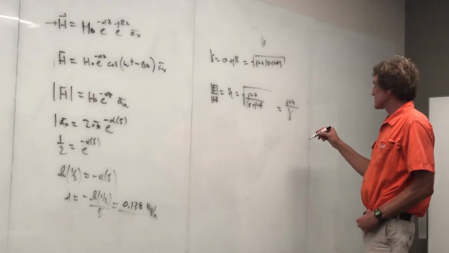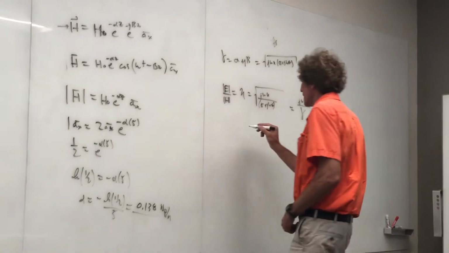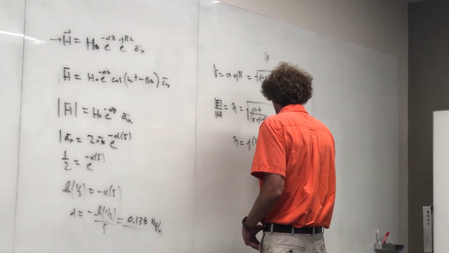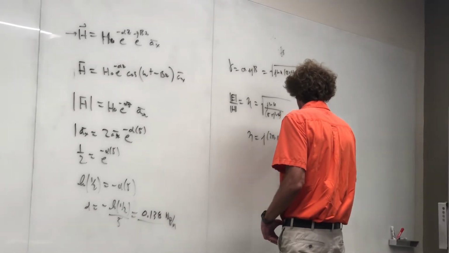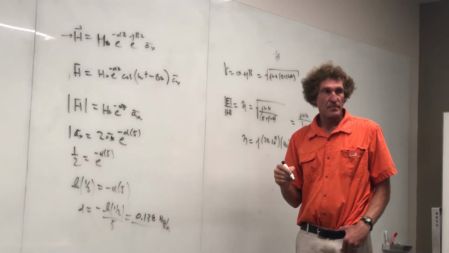And if that's the case, now we can get eta because eta would be equal to j times 2 pi times 10 to the 7th times mu naught. Does it say non-magnetic in there? Anywhere?